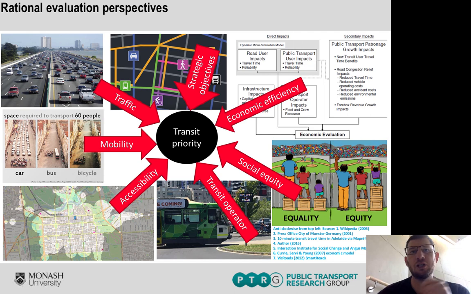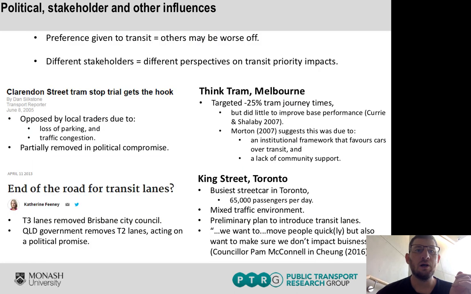Essentially, what is the objective that you're trying to get, and what are you going to judge each different option on. It's all very nice, and that's very much how engineers think, but in the real world, politics, stakeholders, political decisions, institutions, this isn't necessarily how it works out.